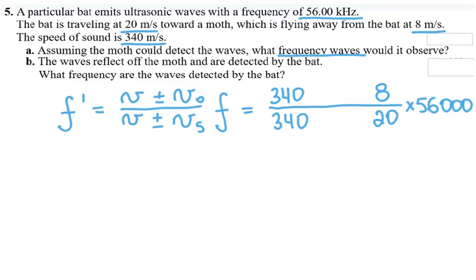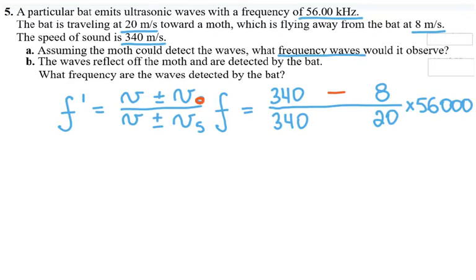So the observer is the moth, and the moth is moving away from the bat. So for the observer, the moth is moving away, so that makes the frequency lower. So I'm gonna subtract, because moving away would make the frequency that the moth hears lower.